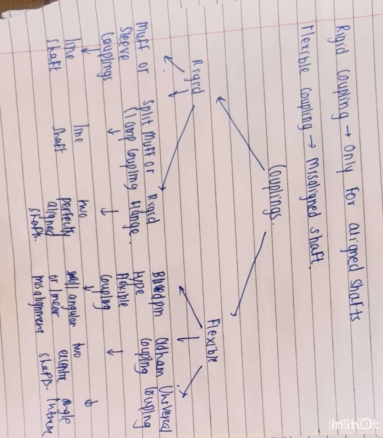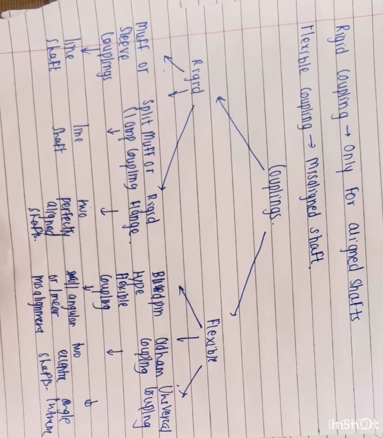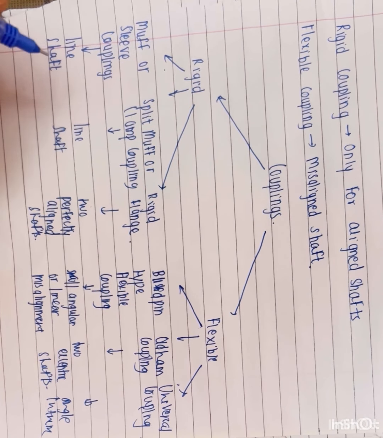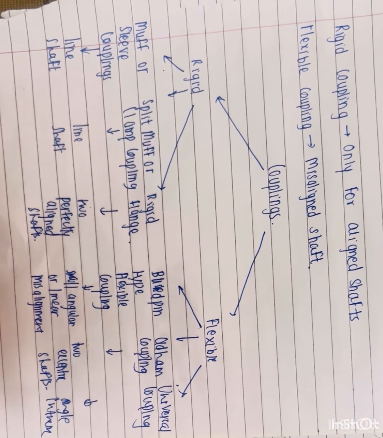Muff or sleeve coupling or split muff or clamp coupling is used for line shaft, and rigid flange coupling is used for two perfectly aligned shaft. Bushed pin type coupling is used for small linear or angular misalignment. Oldham is used for two eccentric shafts, and universal is used for two shafts with angles between them.